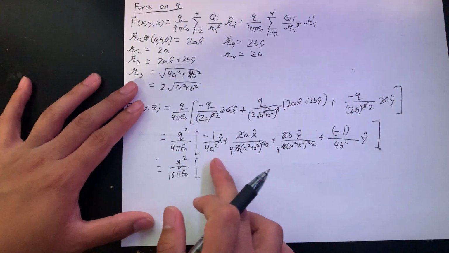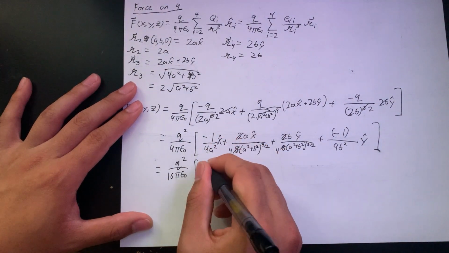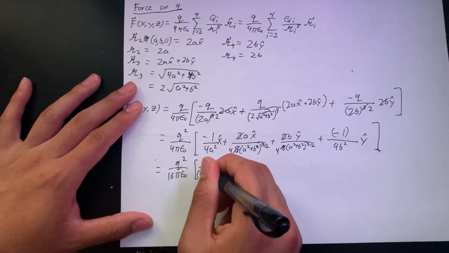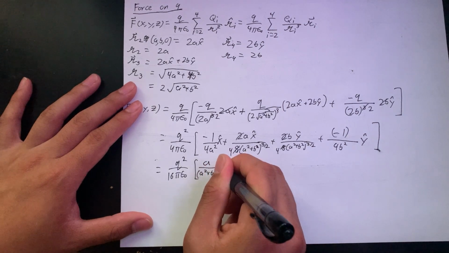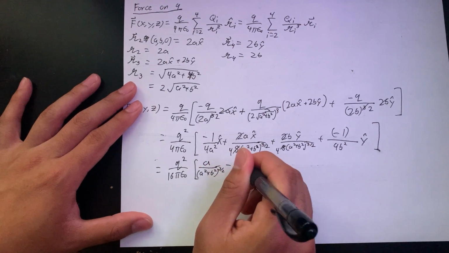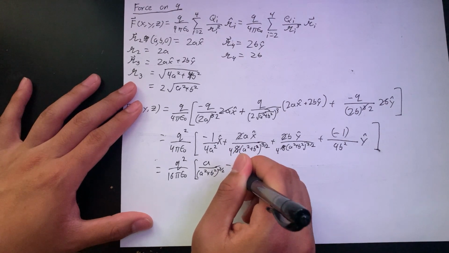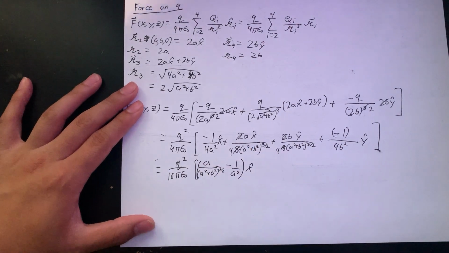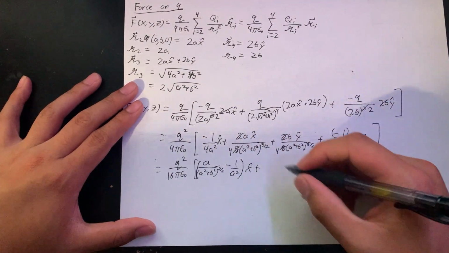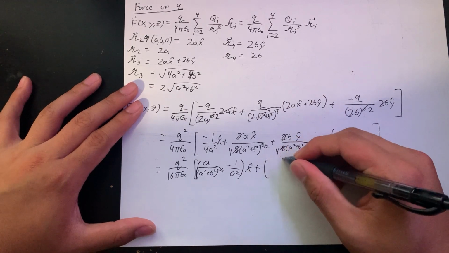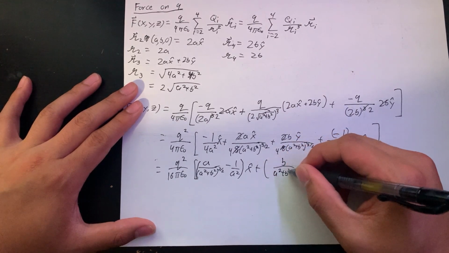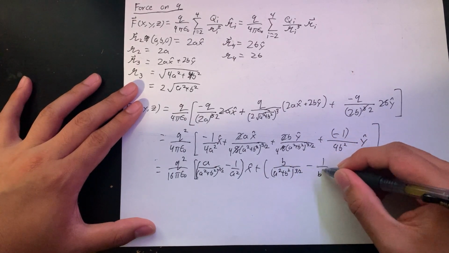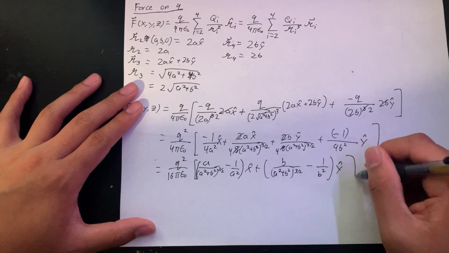Okay, and then we will combine these terms, so we'll have a over a squared plus b squared power of 3 over 2 minus 1 over a squared times x hat plus b over a squared plus b squared power of 3 over 2 minus 1 over b squared in our y hat direction.